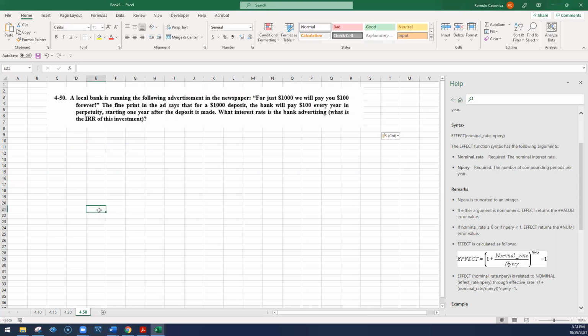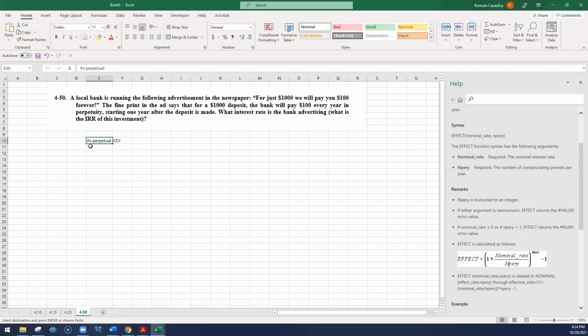In this one, another perpetual present value. We have to keep in mind the formula: present value of a perpetual equals cash flow divided by R. Here they give me the PV and the cash flow, and I need to get R, the interest rate of the bank.